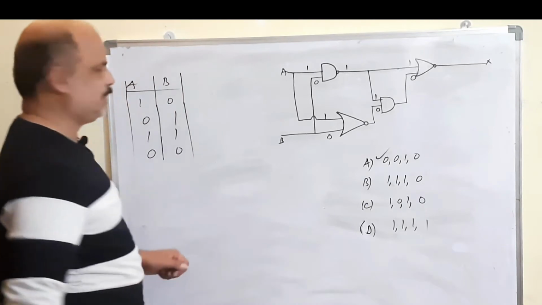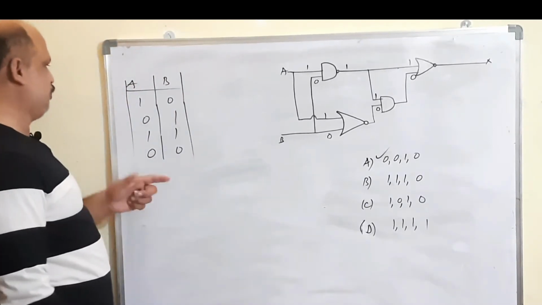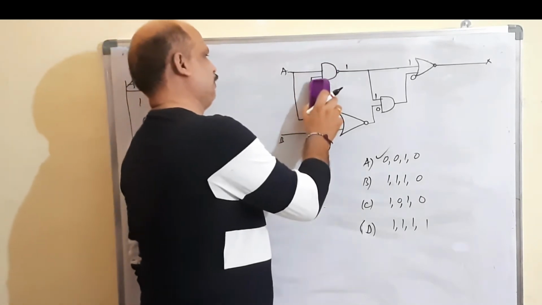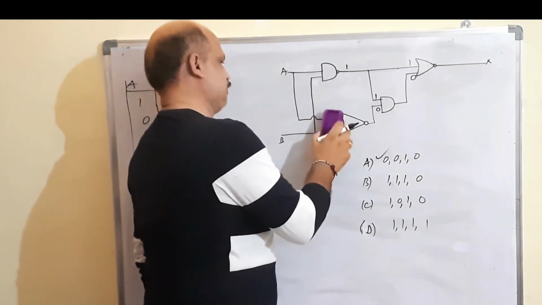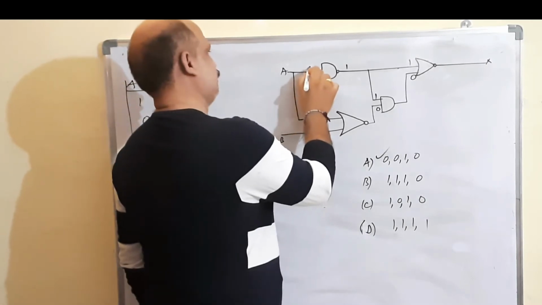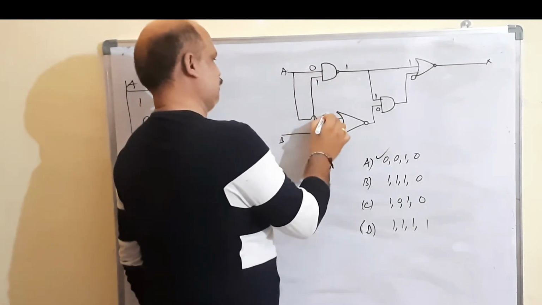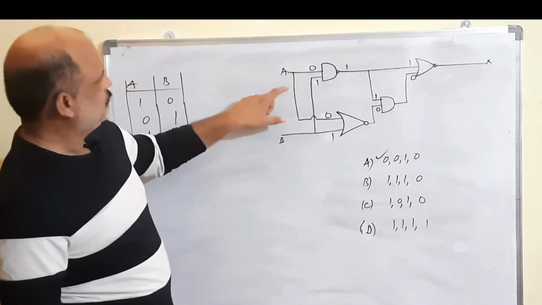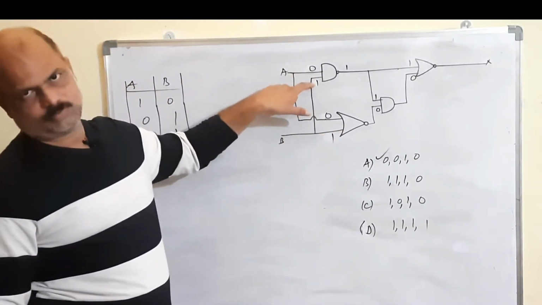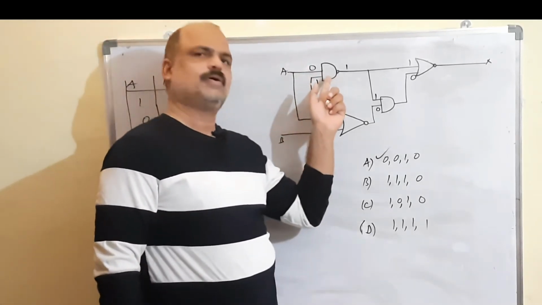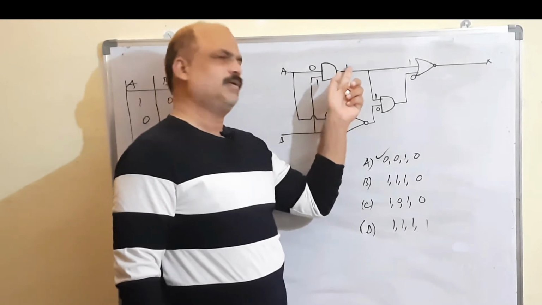Now let us give another input, 0, 1, 0, 1. Now this is A 0, B 1. Here 0 into 1 is 0. So the reverse of the AND gate gives 1.